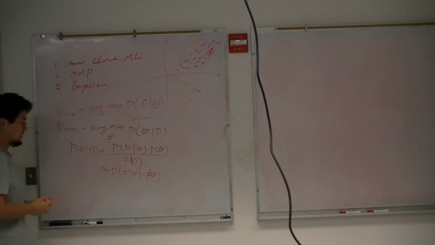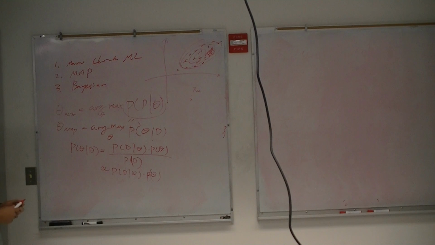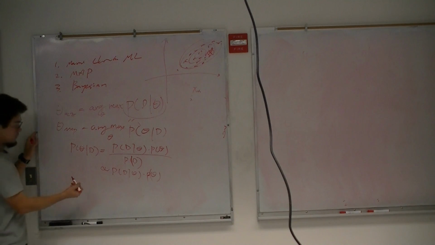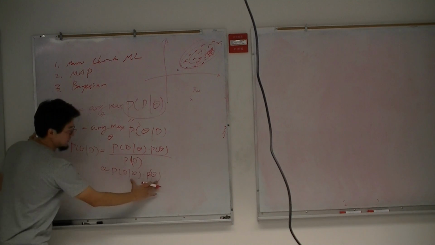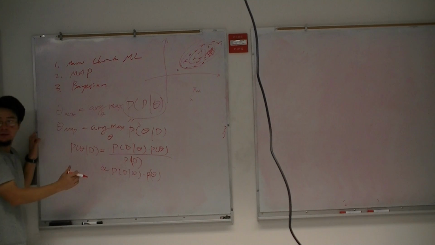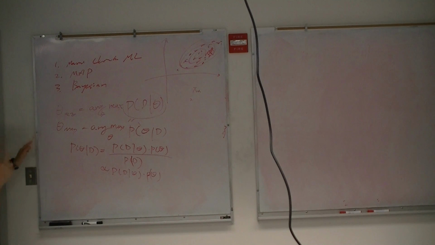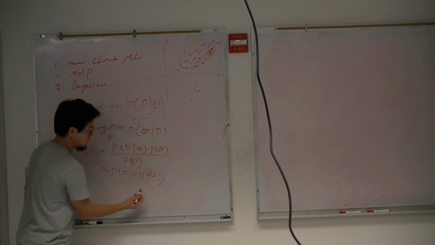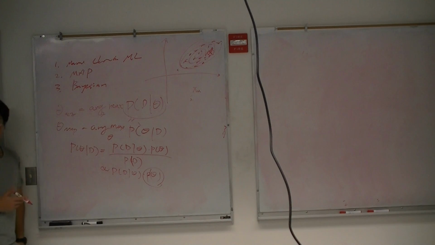So here we are not going to use it anyway. To maximize this, we have to maximize these two terms combined. And here we have a term called the prior of the parameters.